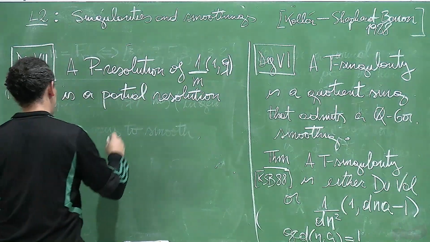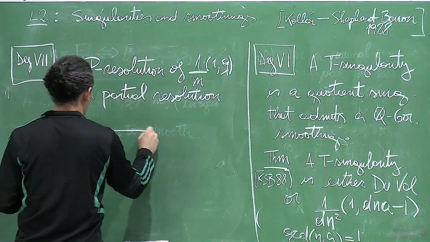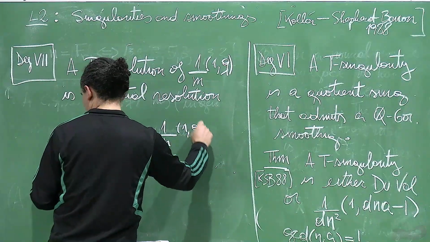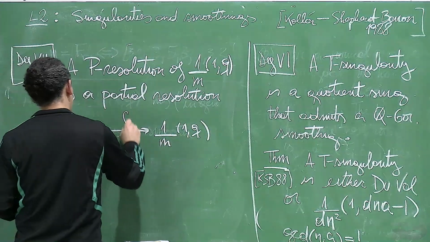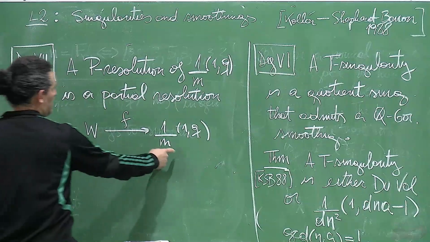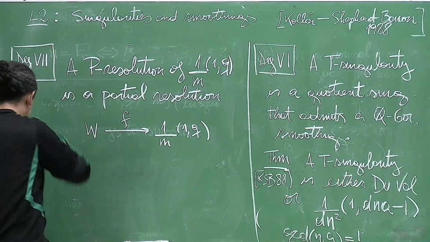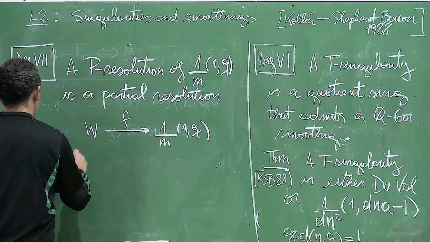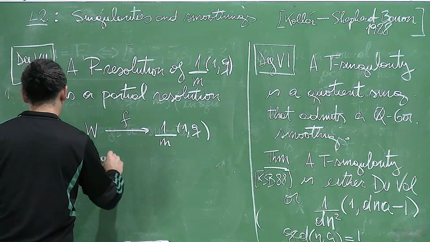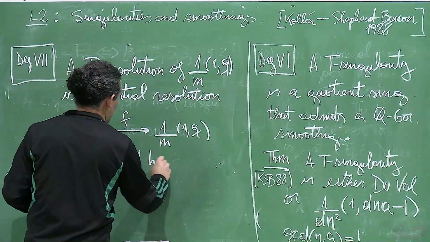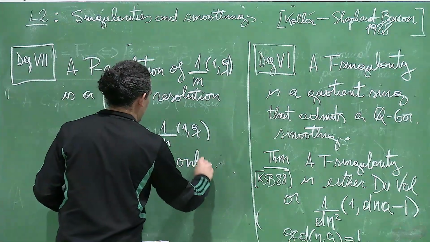I will denote it by W going to my 1 over m(1,q). This is my singularity, a singular surface in general, such that W has only T singularities.